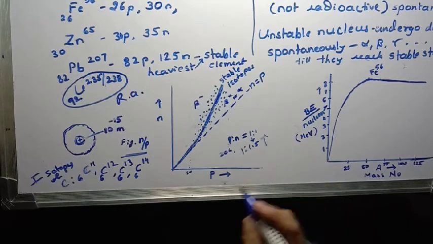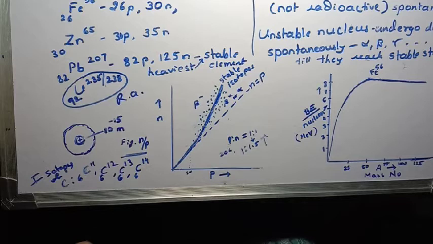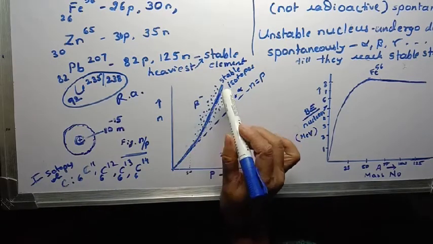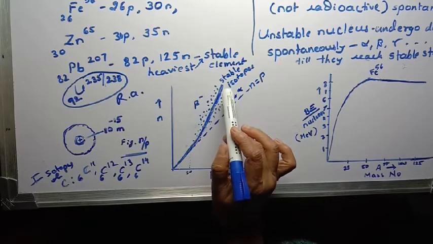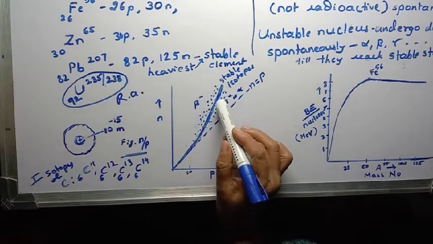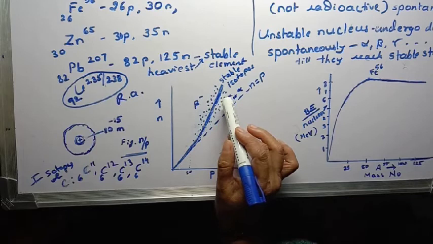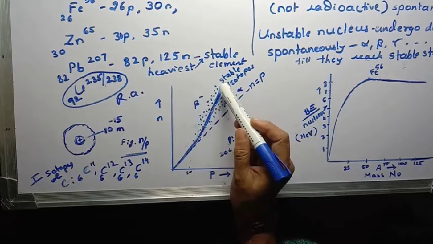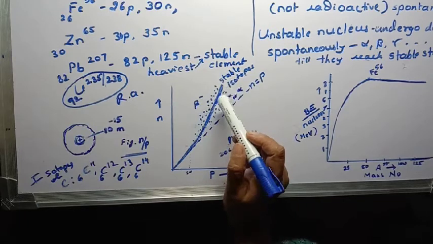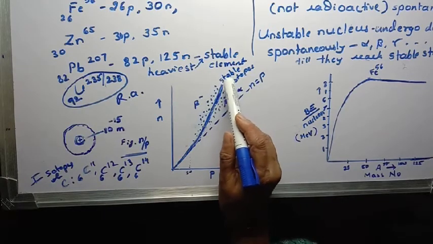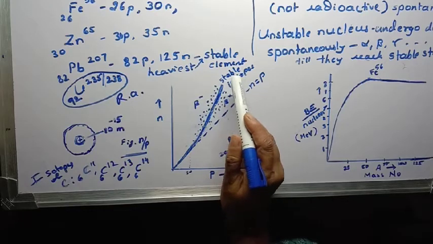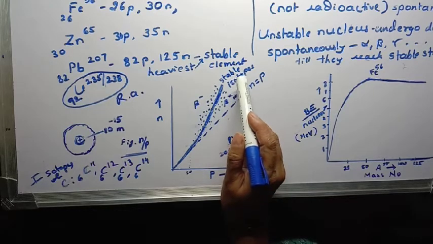There is an increase. This is said to be the line of stability, sometimes also referred to as the band of stability or belt of stability, the region of stability for stable isotopes.